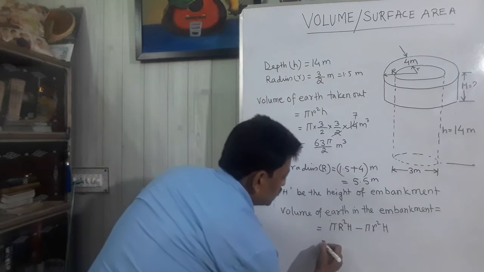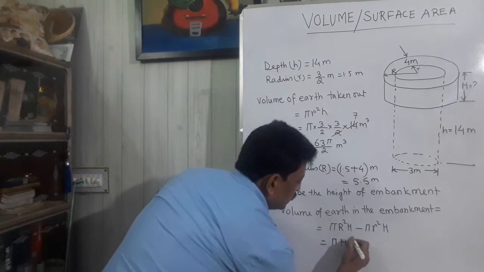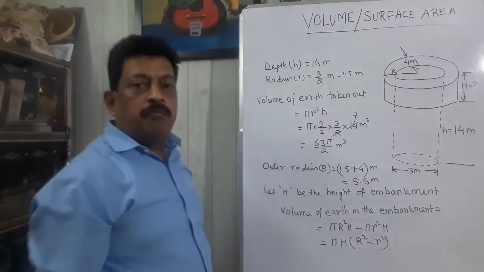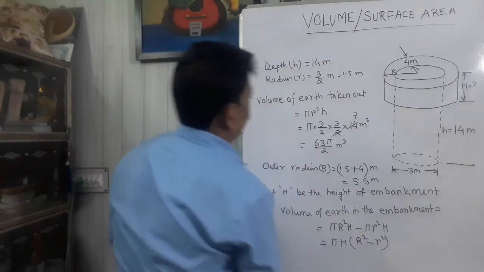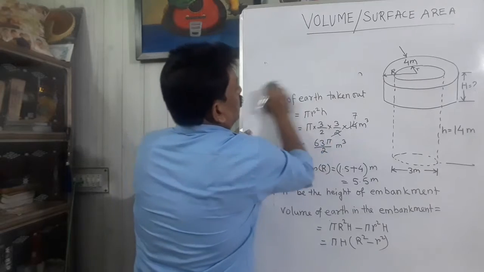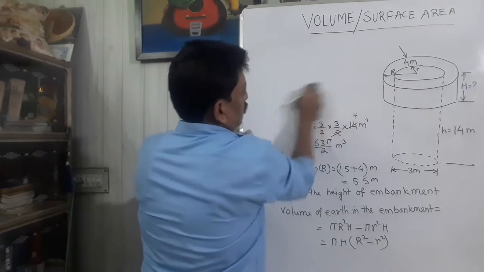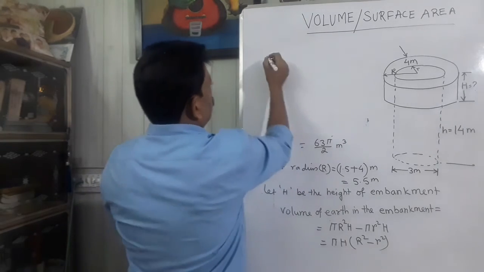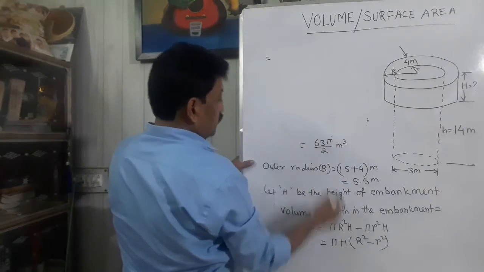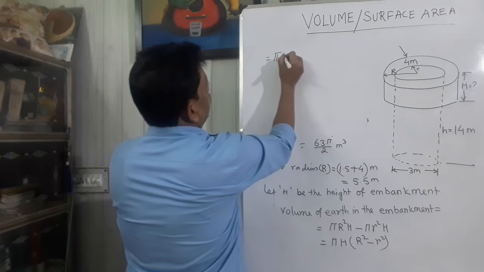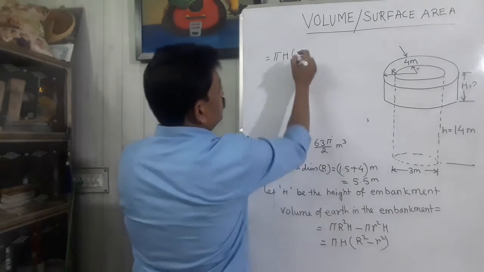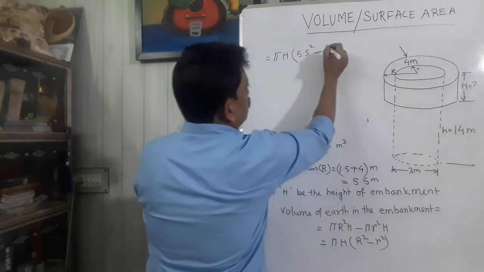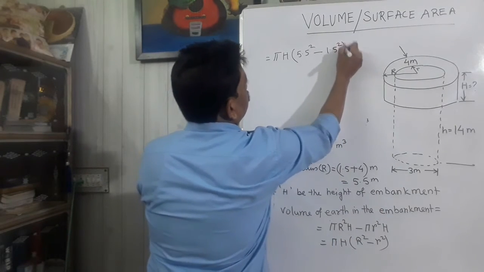Now I can take pi H common, so it will be capital R square minus small r square. So pi H, capital R square means 5.5 square and small r square means 1.5 square.